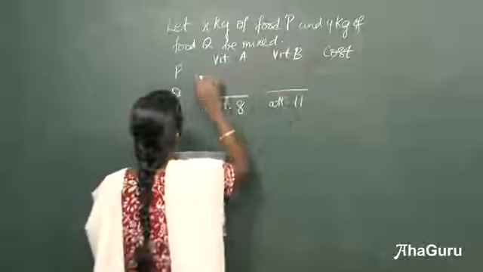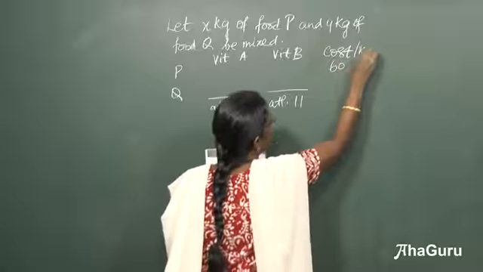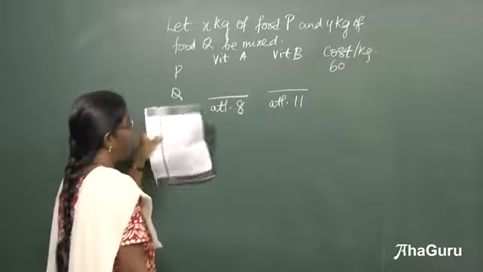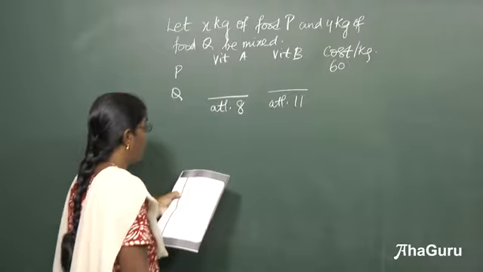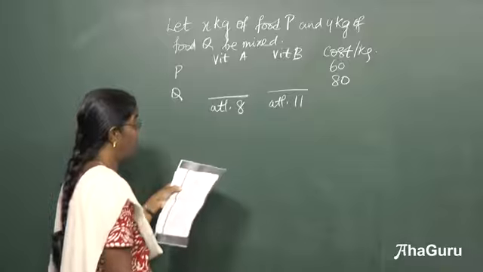Now, food P is costing rupees 60 per kg, and Q it is 80 rupees per kg, right.